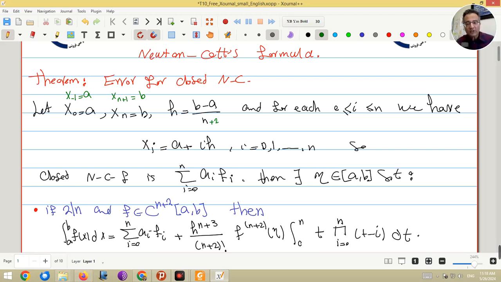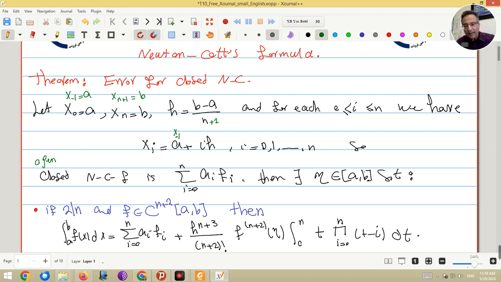Then for each i between 0 and n, we have xi equal to x minus 1 plus ih for i equal to 0 to n. Okay? So this is in fact the open Newton-Cotes formula.